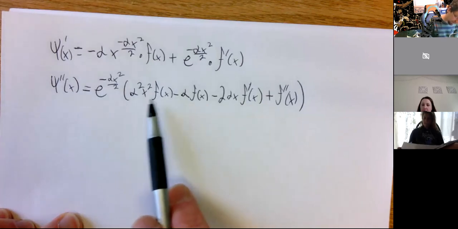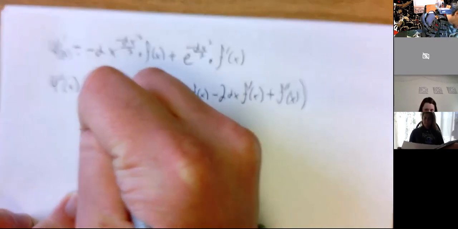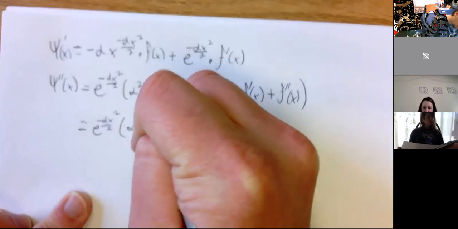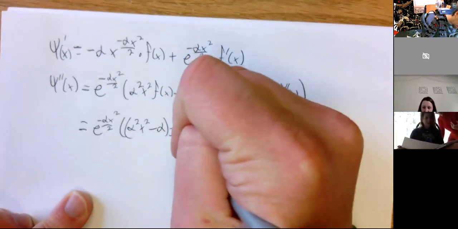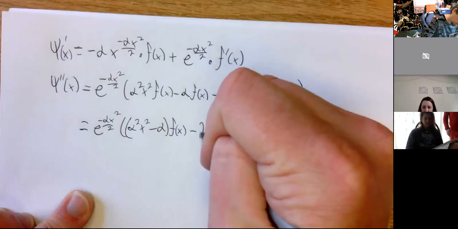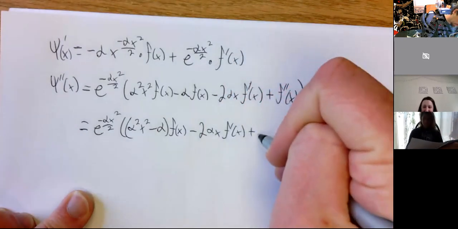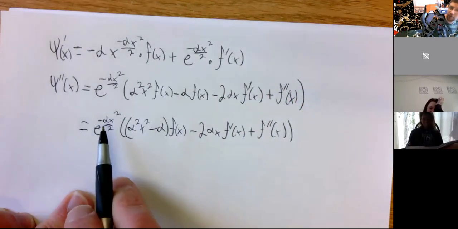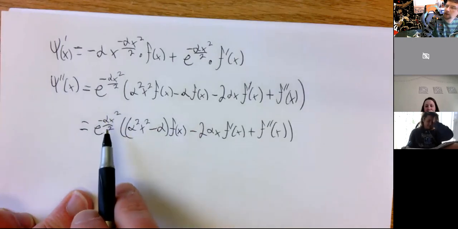I think we combined these terms, so we had alpha squared x squared minus alpha in that fashion. Does that say negative alpha x squared over 2 connected to the e? Yep, negative alpha x squared divided by 2.